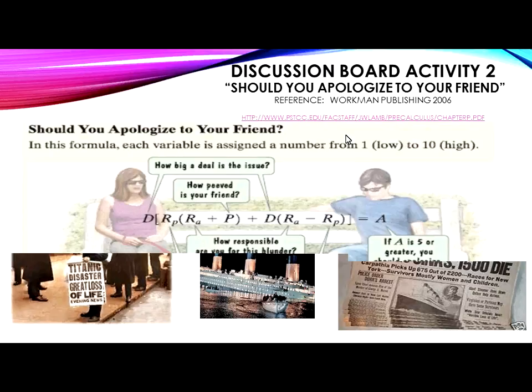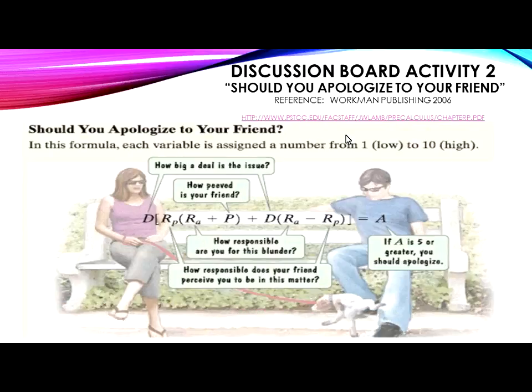Okay. The second one is a nice one too: should you apologize to your friend? It's actually from an algebra textbook, and it could be an elementary or intermediate algebra class, depending on the level of the students.